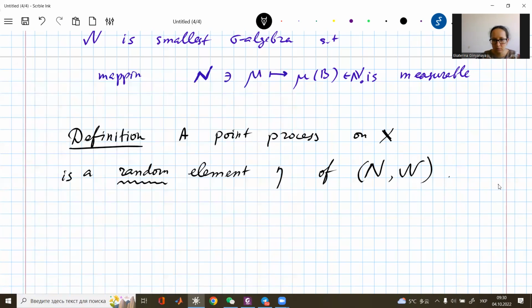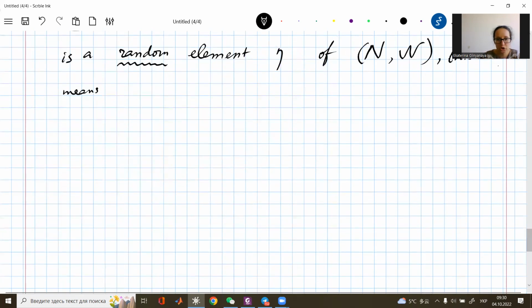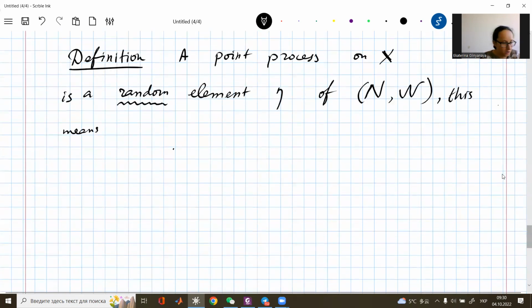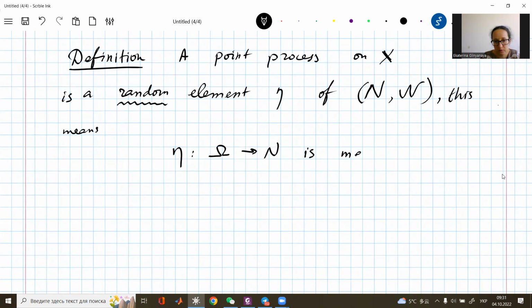This means that we have a measurable mapping eta from omega to N. So all this talk was just about how we can define a measurable mapping.